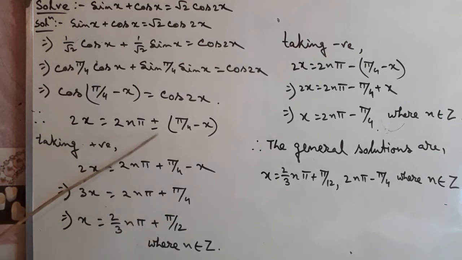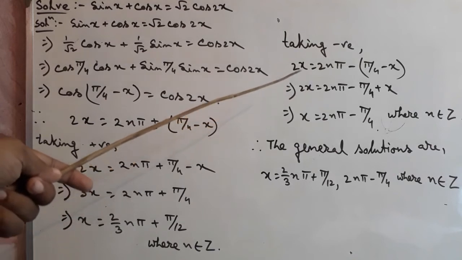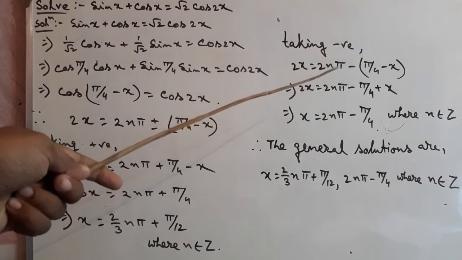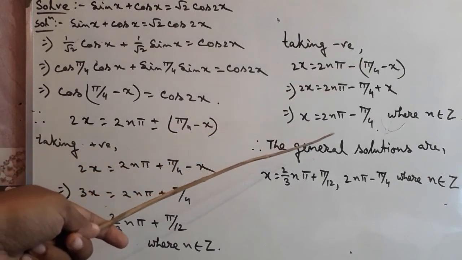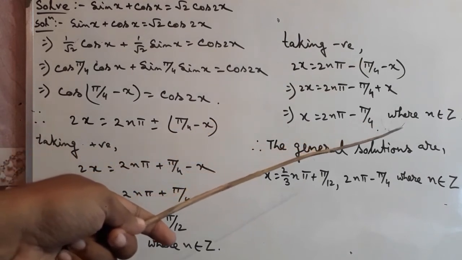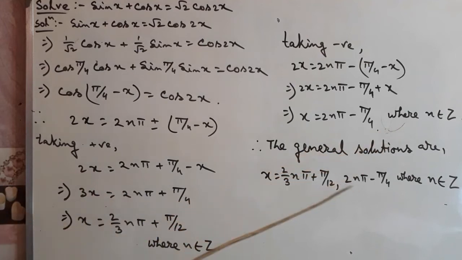And taking this negative sign, it will be 2x equal to 2n pi minus (pi by 4 minus x). That will be x equal to 2n pi minus pi by 4, where n is an integer. So the general solutions are x equal to 2 by 3 into (n pi plus pi by 12) and 2n pi minus pi by 4, where n is any integer.